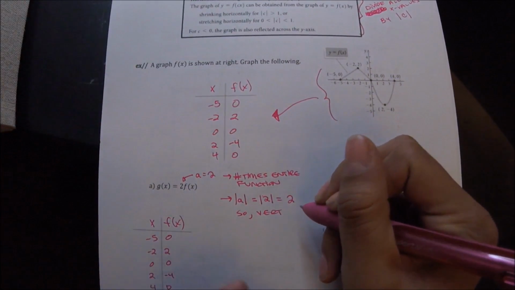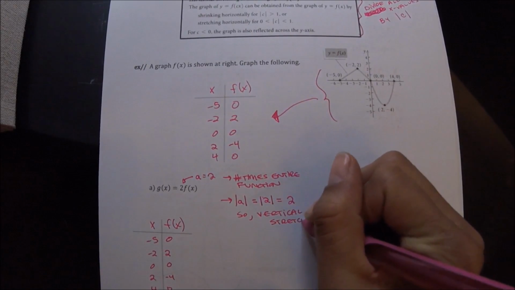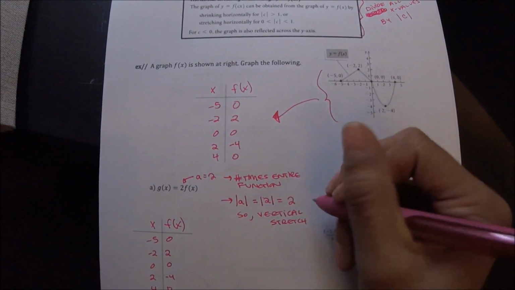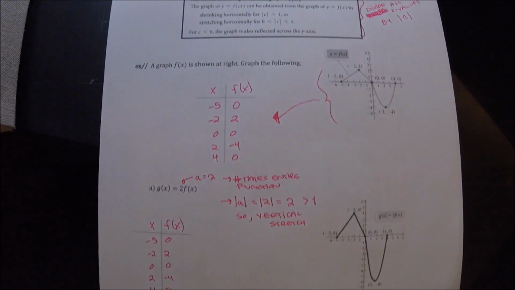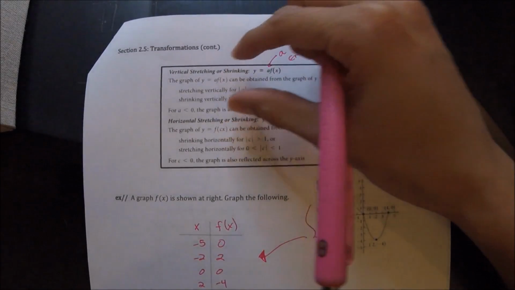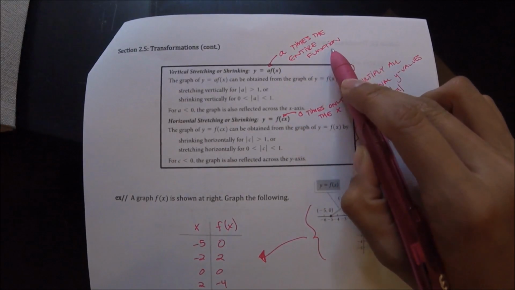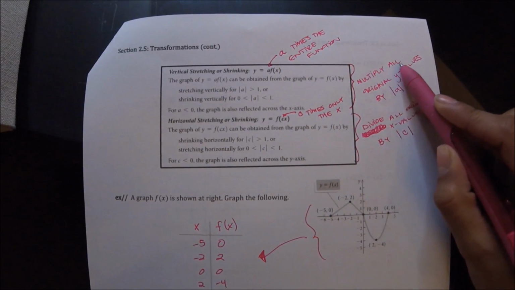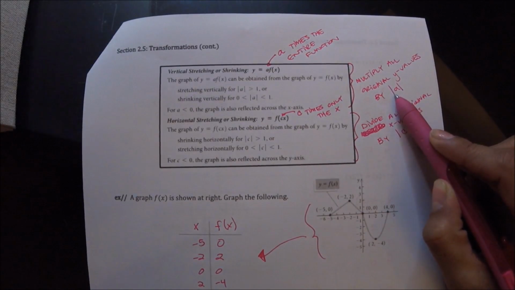I'm going to write that down here. So we have a vertical stretch because the absolute value of a turned out to be bigger than 1. And then let's see what we said up here. It said if we have a vertical stretch, meaning if we have a number times the whole function like we do, then we need to multiply all the original y values by the absolute value of a.